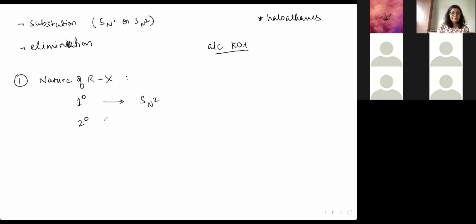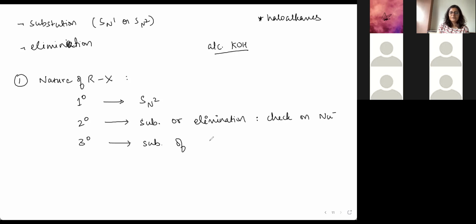If it is secondary, substitution can happen and elimination can happen. So in this case, you need to check what your nucleophile is. Check on the nucleophile. Then if it is tertiary, again, same thing. It can be substitution, because it also has beta hydrogen, or elimination. So in this case, because you're looking at a tertiary substrate, check the stability of the carbocation.